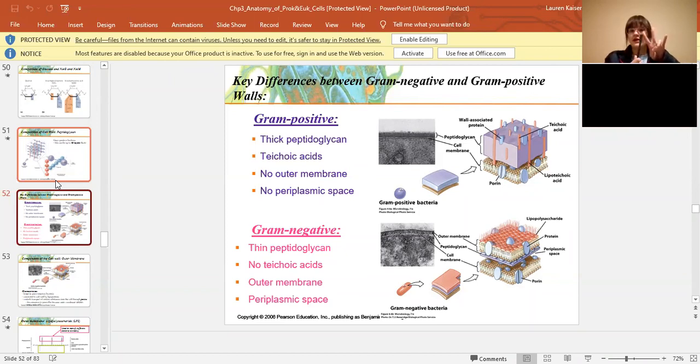We have thick peptidoglycan, we have teichoic acids, no outer membrane, and no periplasmic space. Those are the 2 things it has, 2 things it doesn't. Sorry about that. Then think about the gram-negative, right? It has a thin peptidoglycan, so we can kind of keep that, but it has no teichoic acids. It does have an outer membrane though, and a periplasmic space.